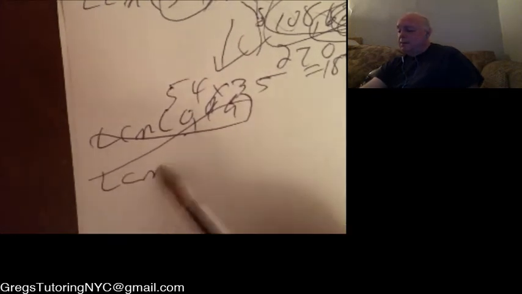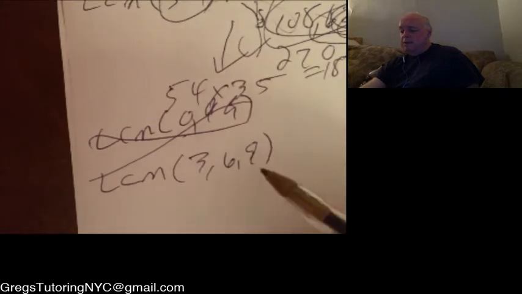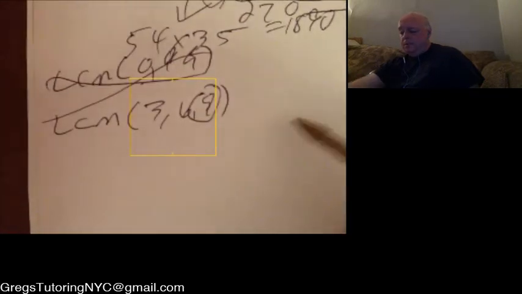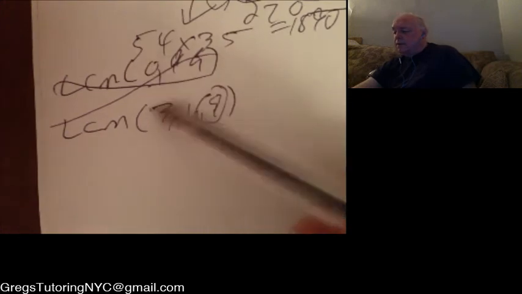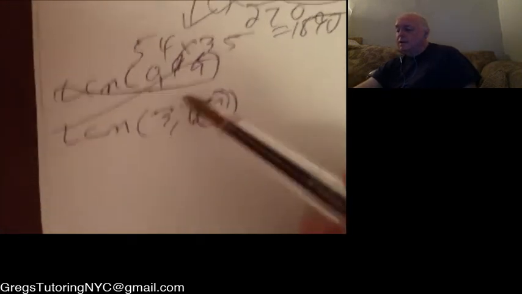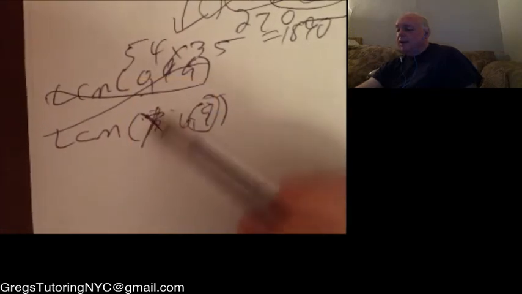So if I have the LCM now of 3 numbers, 3, 6, and 9, okay, it's going to work the same way. 9 is the largest number with those, okay? 3 is a factor of 9, but 6 isn't. So in the case of this, we're going to find the one that was a factor, and we're going to remove it from the problem.